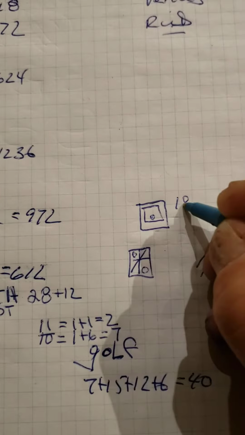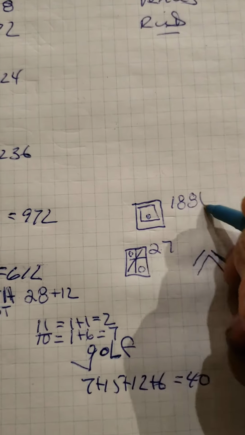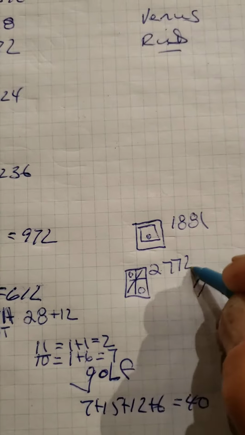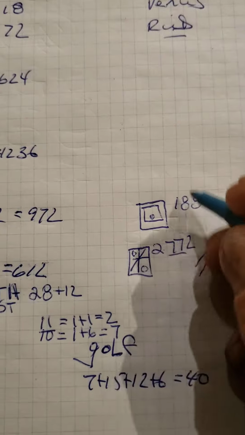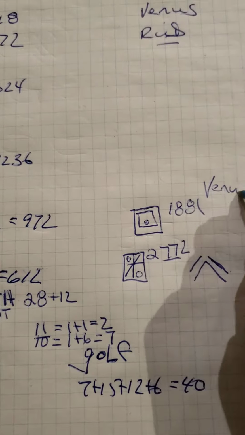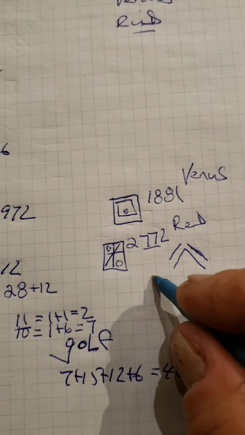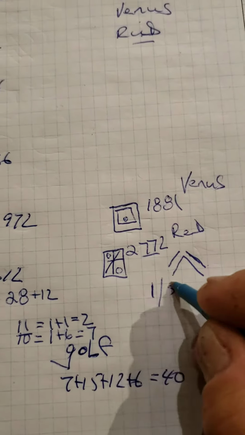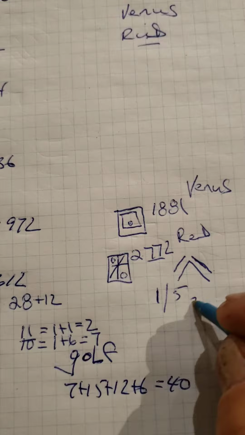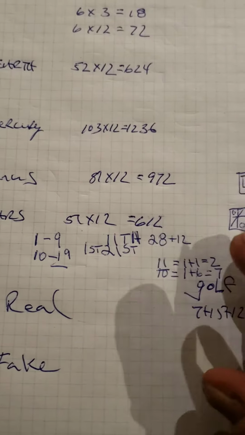So this would be 18, and this will be 27, or this will be 81, and this will be 72. So you know this is the cycles. Okay, 1881 telling me about Venus, telling me about red, and 1/5, because 5 by 72 is 360 degrees. So these are all formations.